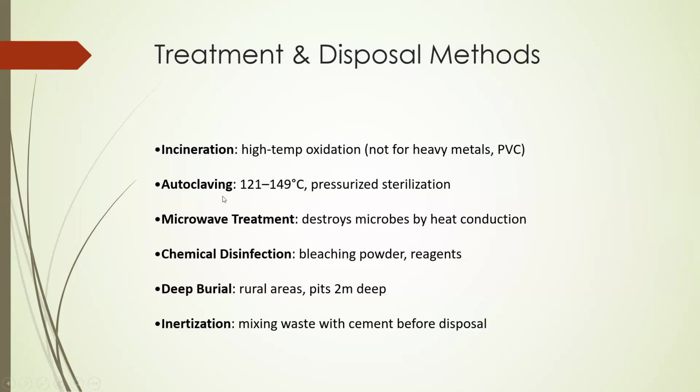Second is autoclaving of biomedical waste. An autoclave treats the biomedical waste through the mechanism of disinfection. The biomedical waste is subjected to specific temperature and pressure based on its residence time. Third is microwave treatment.